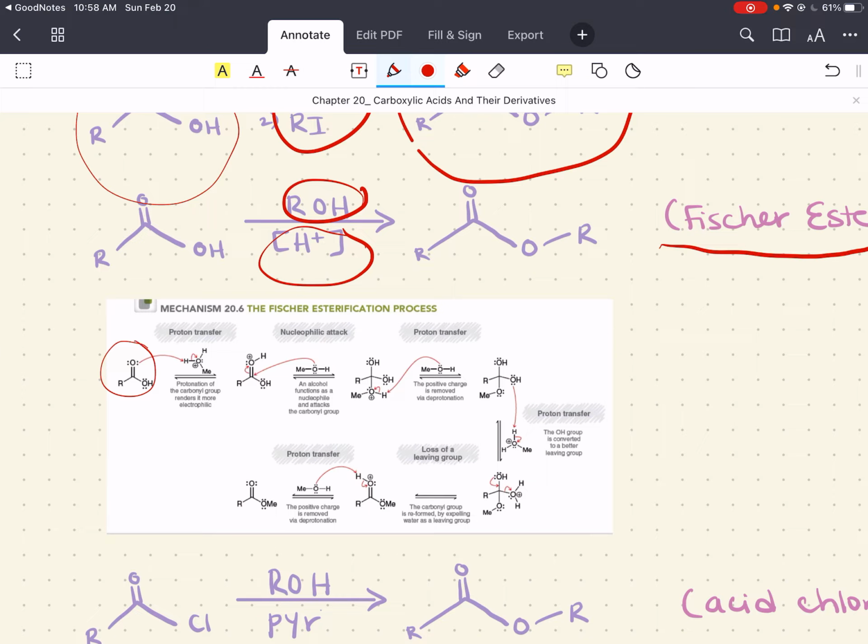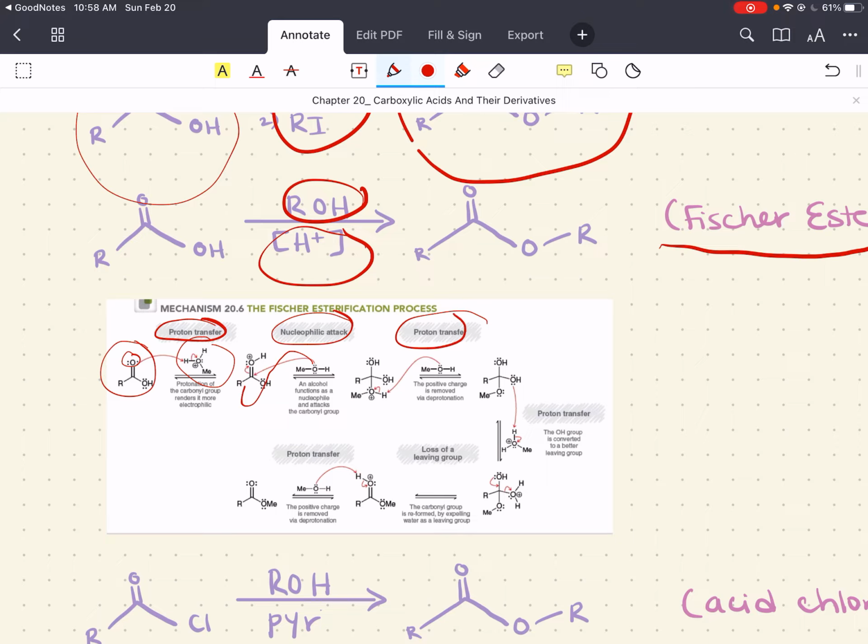Here you can see the method of this process specifically. If you're starting off with a carboxylic acid, you can treat it with an alcohol in the presence of acid catalyst. You first have this proton transfer to the oxygen of the carbonyl group. Then you can have a nucleophilic attack of your alcohol.